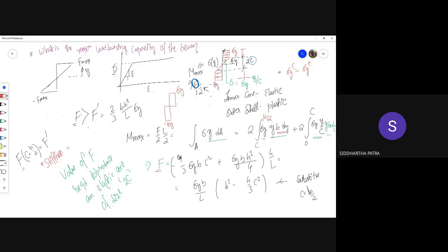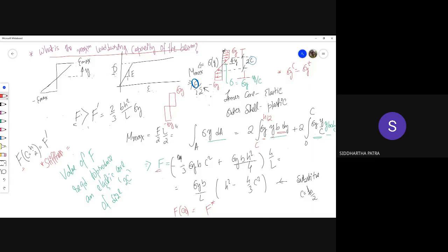Now, the beam's ability to produce more resistance ends when the entire cross section has become plastic, or when c has become zero. And that we would call, let's say, F star, the maximum load bearing capacity of the beam. You cannot produce any further F because there is nowhere to accommodate more stress. Everywhere in the section, there is the maximum stress, either plus or minus.